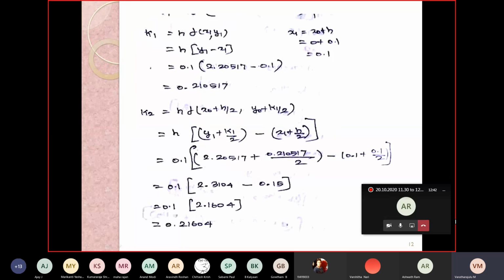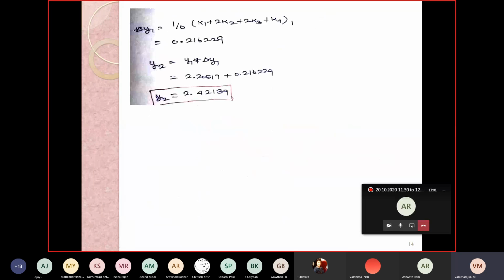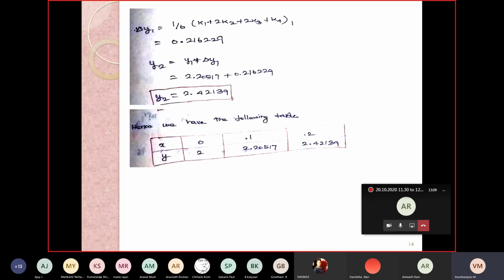X1 is equal to x0 plus h, as mentioned here, and based on that we apply the various other values. You will get k1, k2, k3, k4, delta y, and therefore your y2 is equal to 2.42139, and this is the solution of yesterday's practice problem.